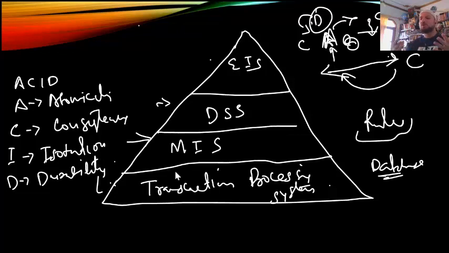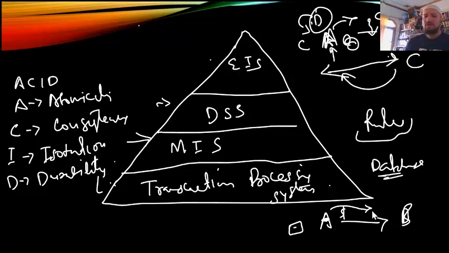Now, what is isolation? Isolation means, for example, you are sending money from A to B, and from your side the screen has some problem, but you have actually clicked the send button and sent the money.